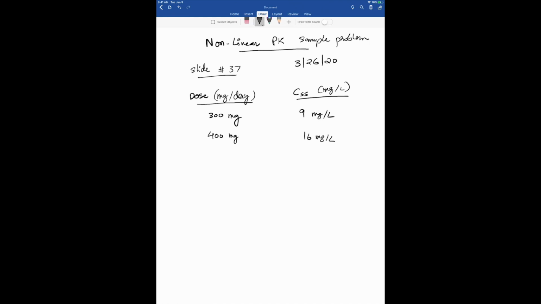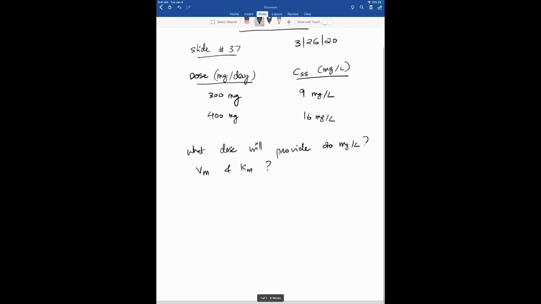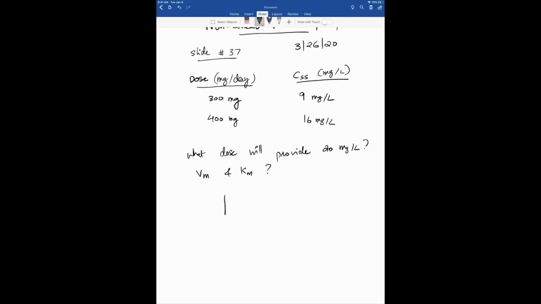So the question is, what dose will provide 20 milligrams per liter? We have to first calculate Vm and Km before we can do this problem. The first step, as is shown in slide number 38, is to look at the model in terms of the graph that is given there.